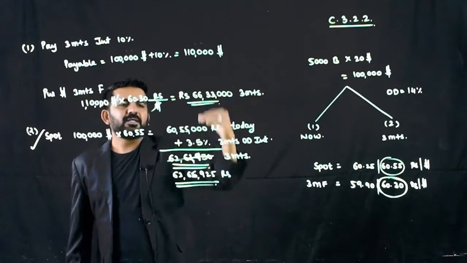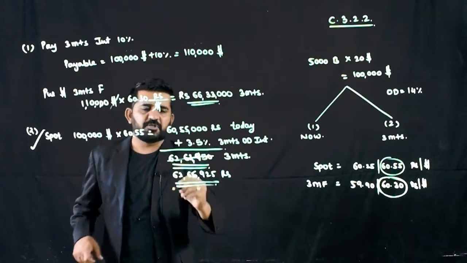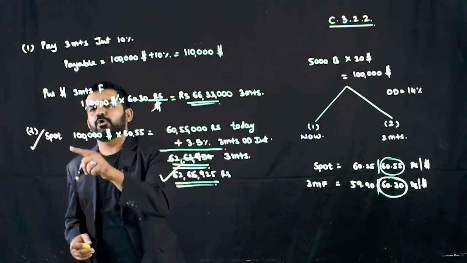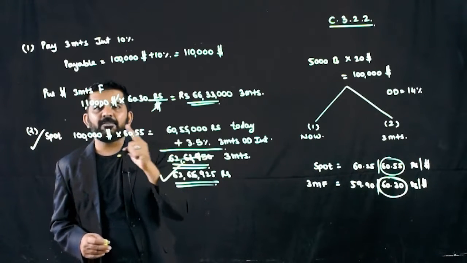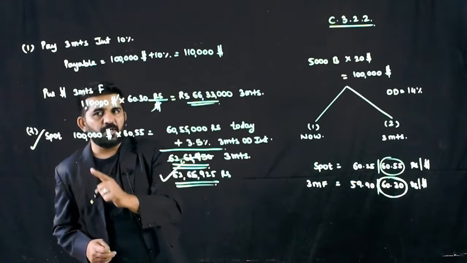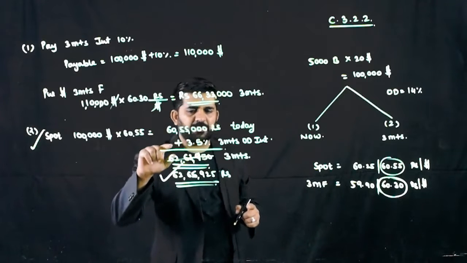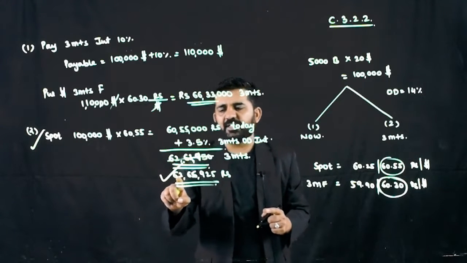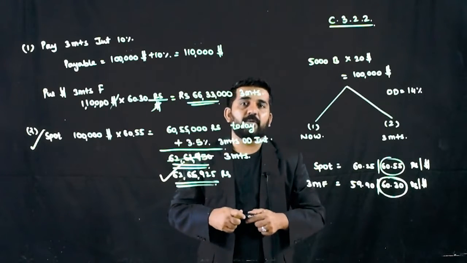As I told you, the lesser you are paying, the option is better. Here you are paying less. You should pay immediately by purchasing $1 lakh today. Take overdraft on rupees and pay overdraft interest. You will be ending up paying 62 lakh 66,925 after 3 months.